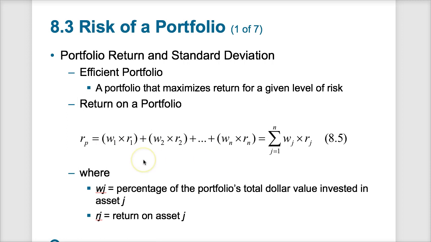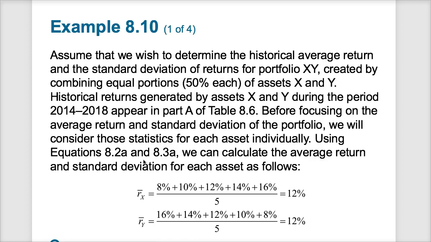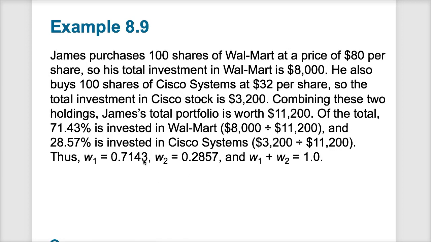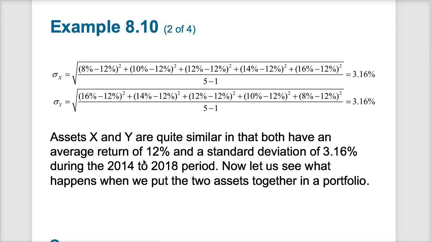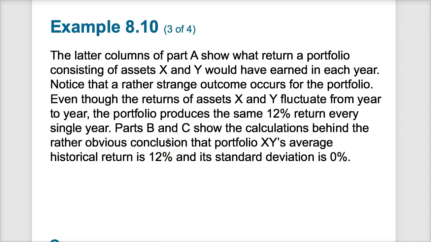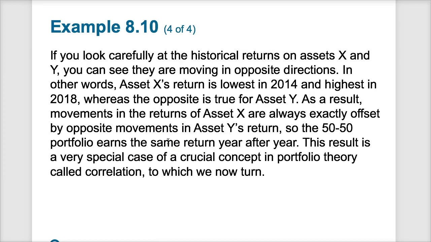Look for the video on the spreadsheet for Chapter 8, Risk and Return, where I'll show you how to calculate a portfolio return and a standard deviation. So I'm going to skip this example because it's basically doing a weighted portfolio between Cisco and Walmart. Those examples I'll show you in a spreadsheet.